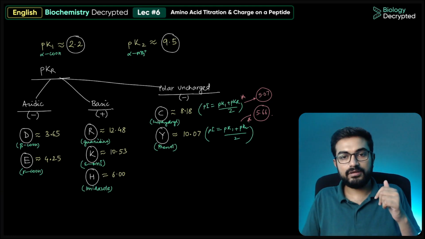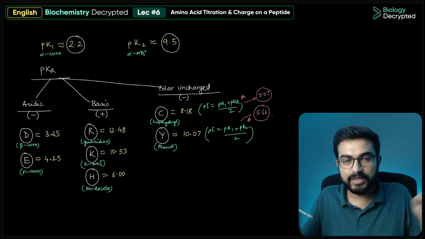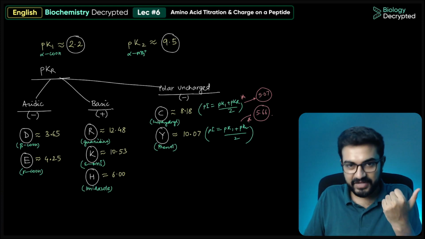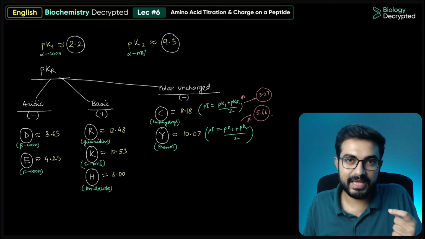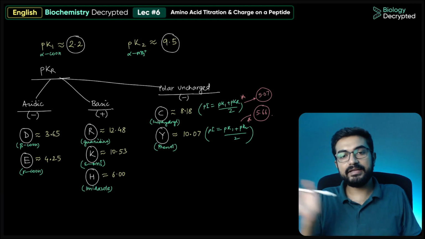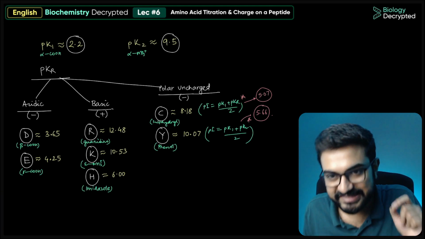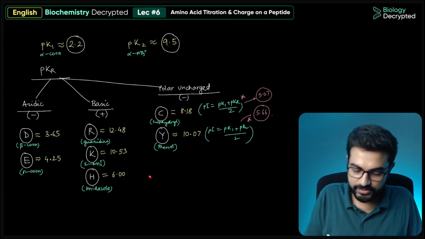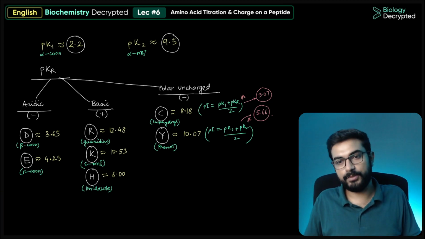Peptides have these peptide bonds in between, and at the extreme left end they have an amino group called the N terminus, and at the extreme right they have a carboxylic acid group called the C terminus. So this is the basic idea of a peptide. It is nothing but a polymer. This is how amino acids join to form a peptide.